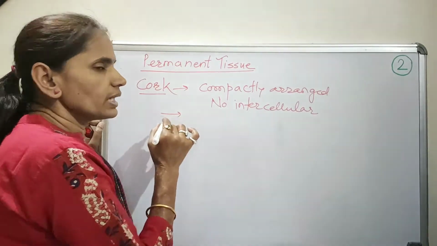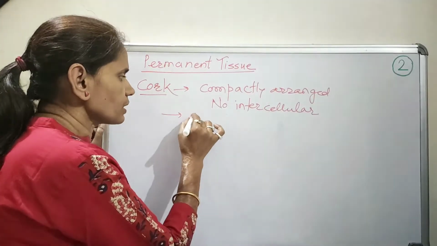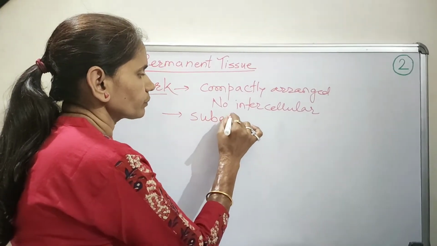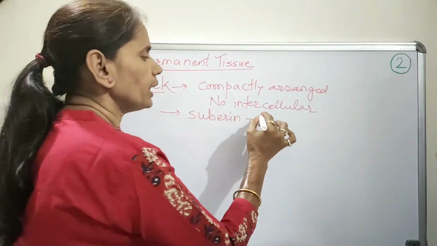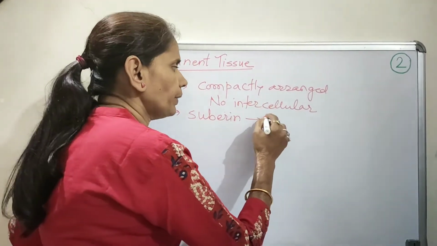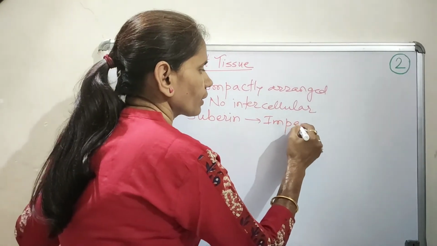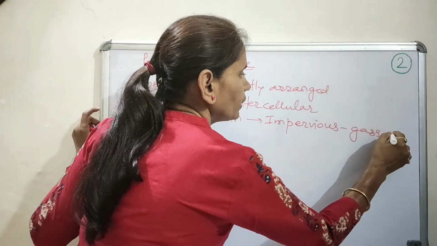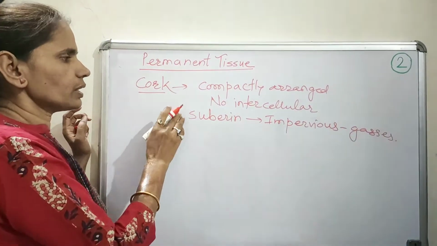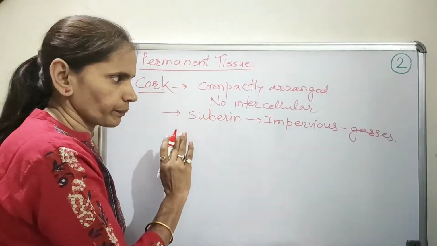Similarly, the cork cells have a specific substance, suberin, because of which the layer of cork becomes impervious to gases, so that no gaseous exchange occurs through this cork layer.